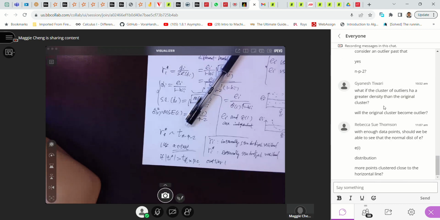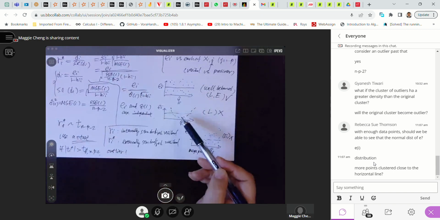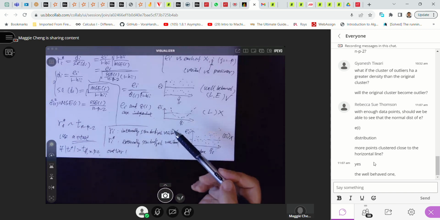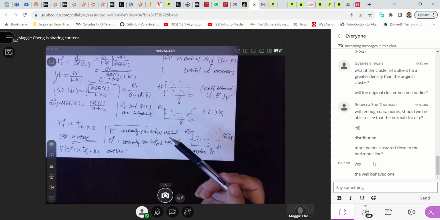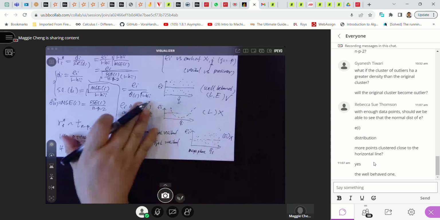More points clustered close to the horizontal line. You mean for this plot? For this plot, more points clustered close to the horizontal line. As long as it looks random enough, it's okay. That means some data has smaller ei, some has larger ei, but as long as overall it looks random enough, that's okay.